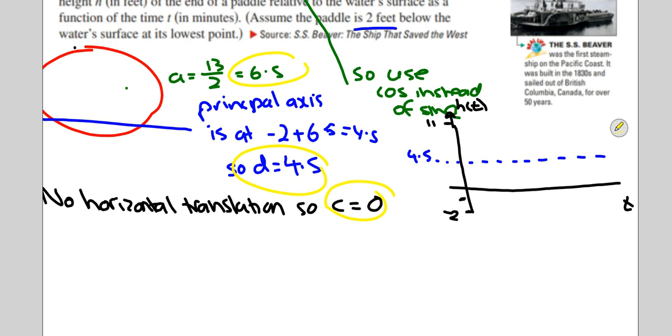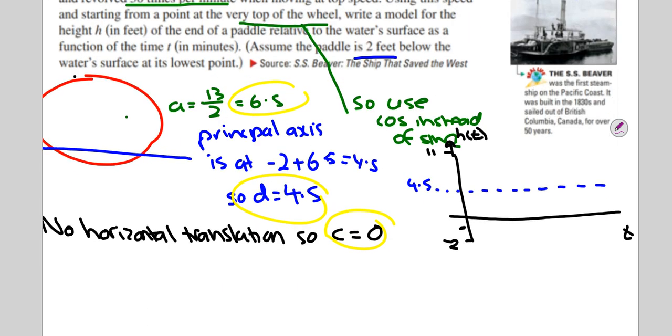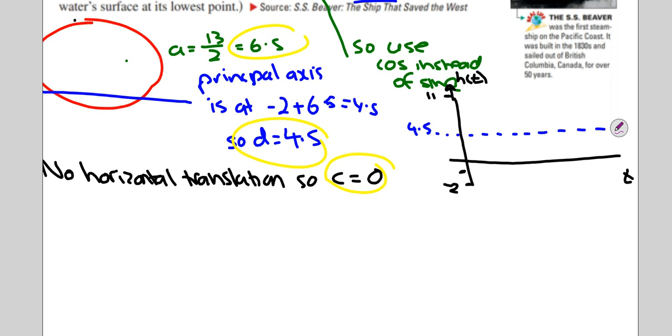Now the period is interesting. The key that tells us about the period is the little sentence: 30 times per minute. Remember, T is our X thing. So it's done 30 times in 1 minute. How long does it take to do one spin?